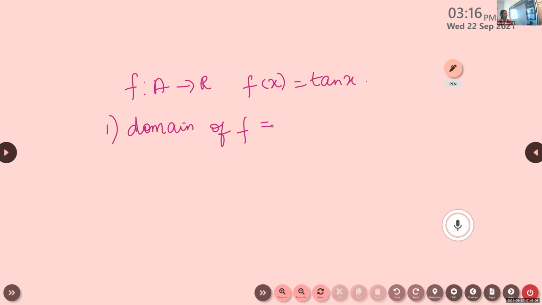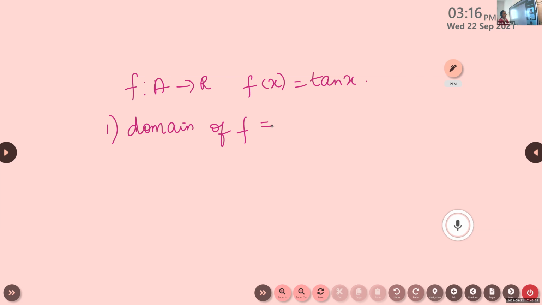Yes, what is the domain of this function? f is a function from A to R. Then the domain A of the function is, what is the domain? What is the domain A here?